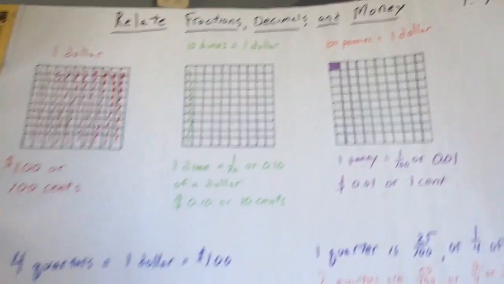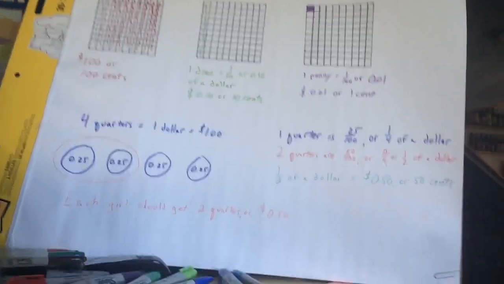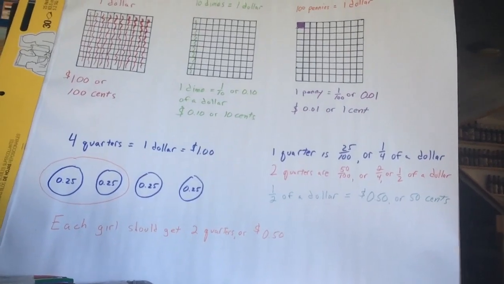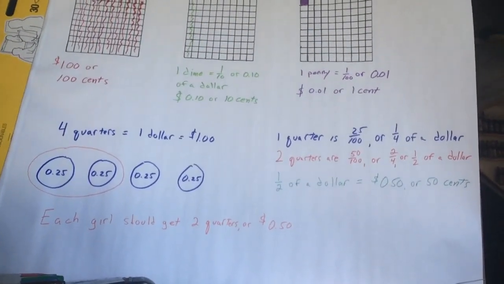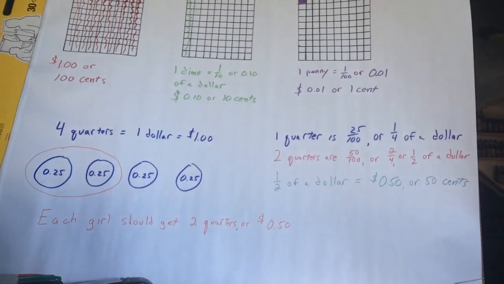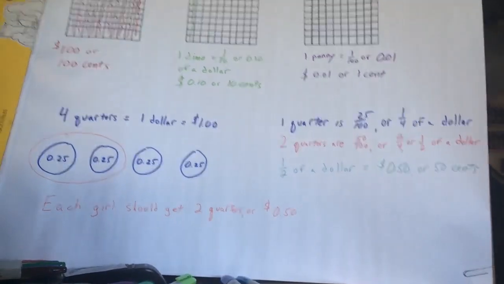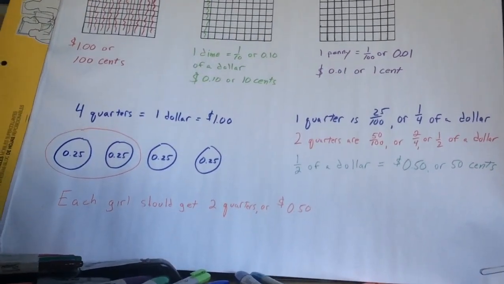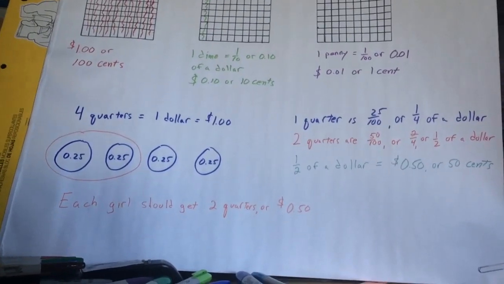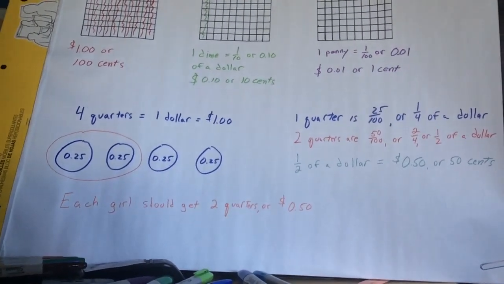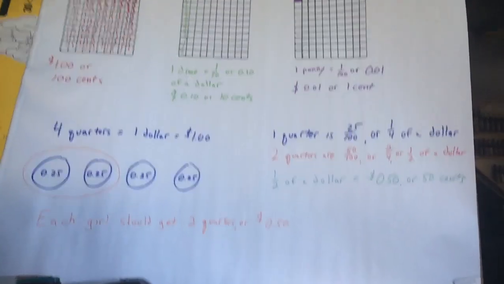And down below was the unlock the problem written out for you. Notice we have our 4 quarters equals $1, or 1.00. And then if we have 2 quarters circled out of the 4 quarters, that would equal 50 cents, or 50 hundredths. So each girl, back to the original problem, gets 50 cents, or 2 quarters.